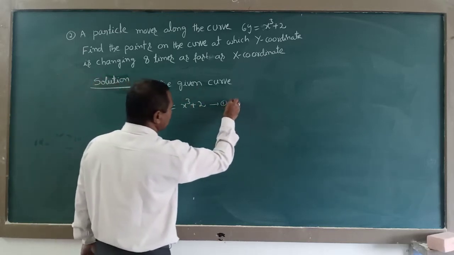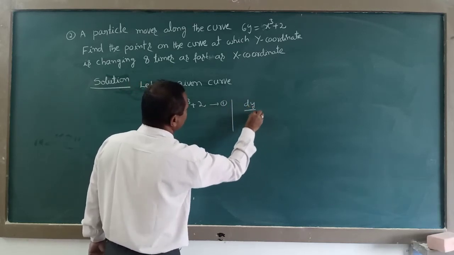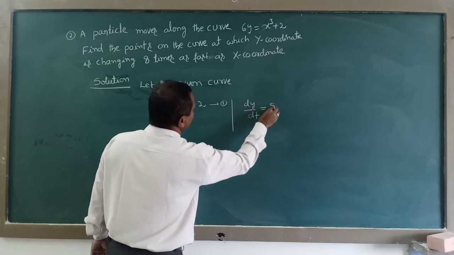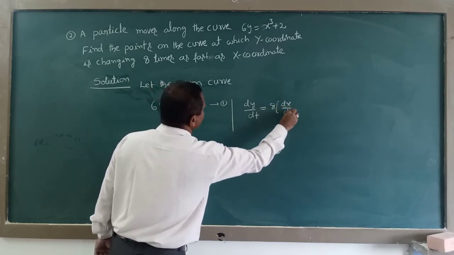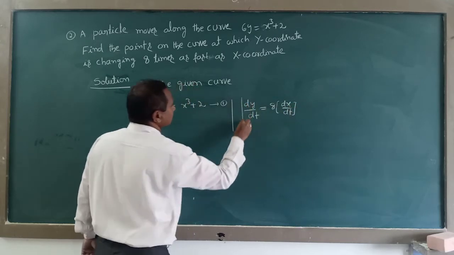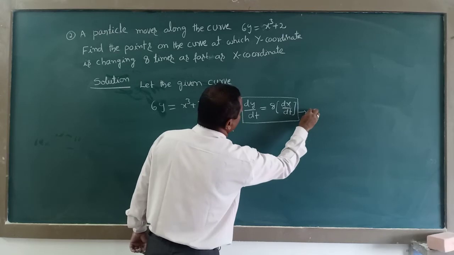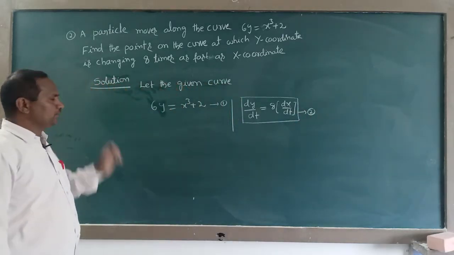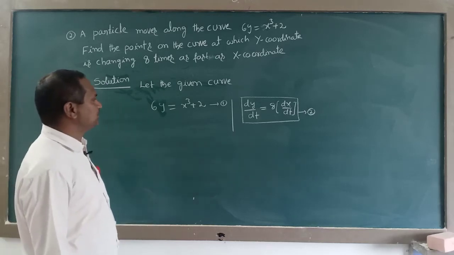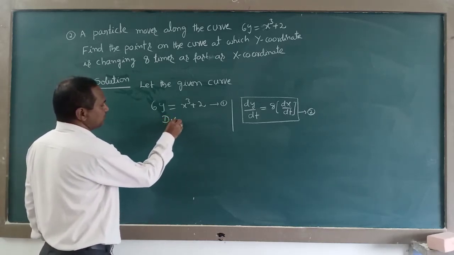And also given that dy by dt is equal to 8 times dx by dt. They gave this condition in the question only. Now we are going to take differentiation with respect to t of the given curve.